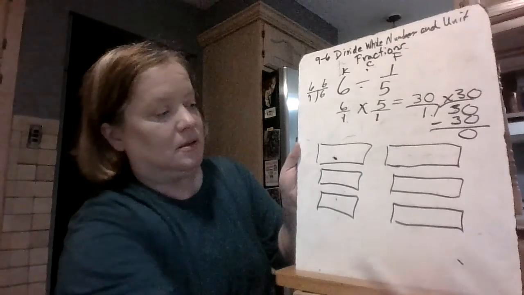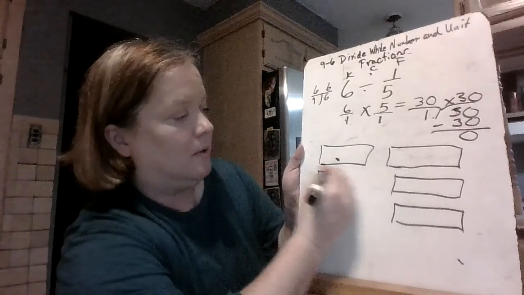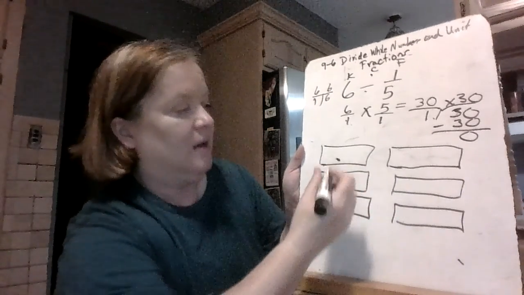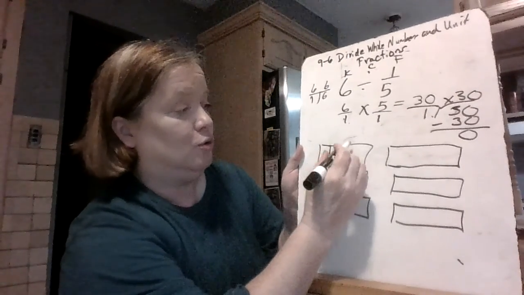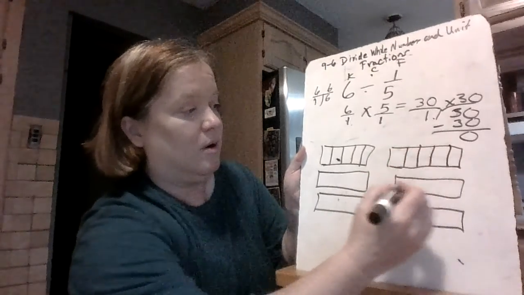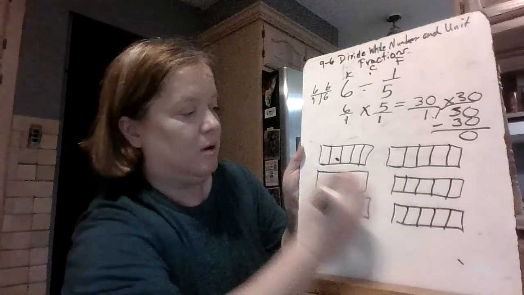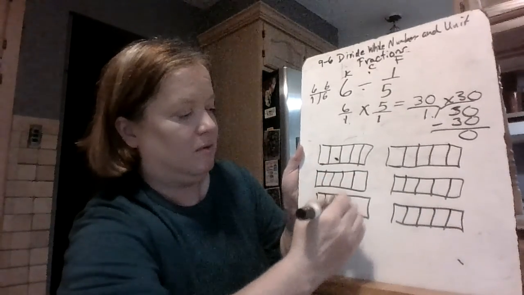Let me make these look a little more like they're all the same size. I'm cutting them into fifths. To make fifths, we know we're going to put 4 lines. 1, 2, 3, 4. 1, 2, 3, 4. 1, 2, 3, 4. 1, 2, 3, 4. 1, 2, 3, 4. And 1, 2, 3, 4.